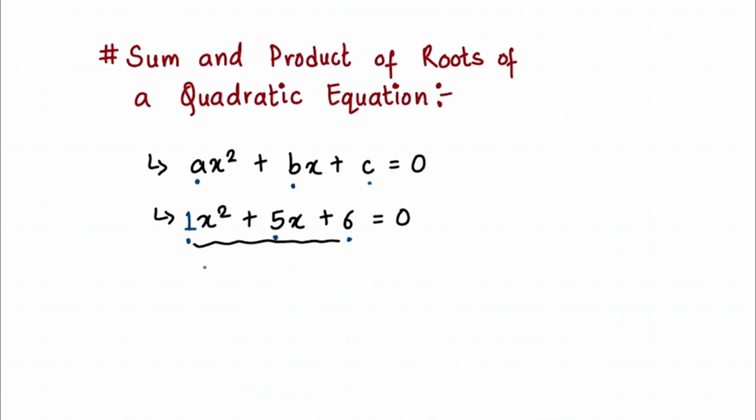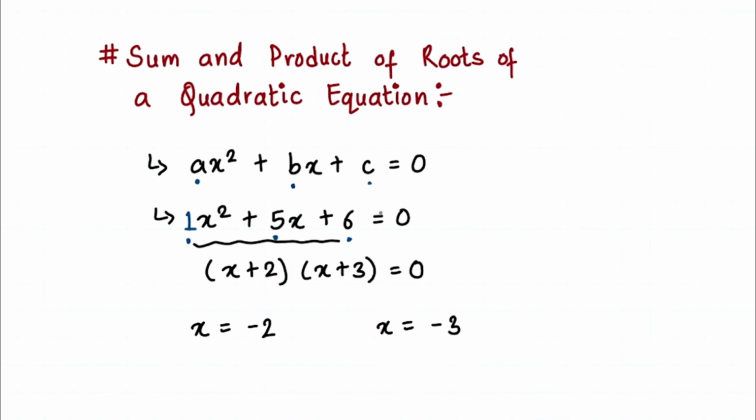So when you factorize this particular quadratic equation, what you'll get is (x plus 2)(x plus 3) equals 0. And when you do either-or, you get two values of x. One of them is x equals minus 2, and the other value is x equals minus 3.